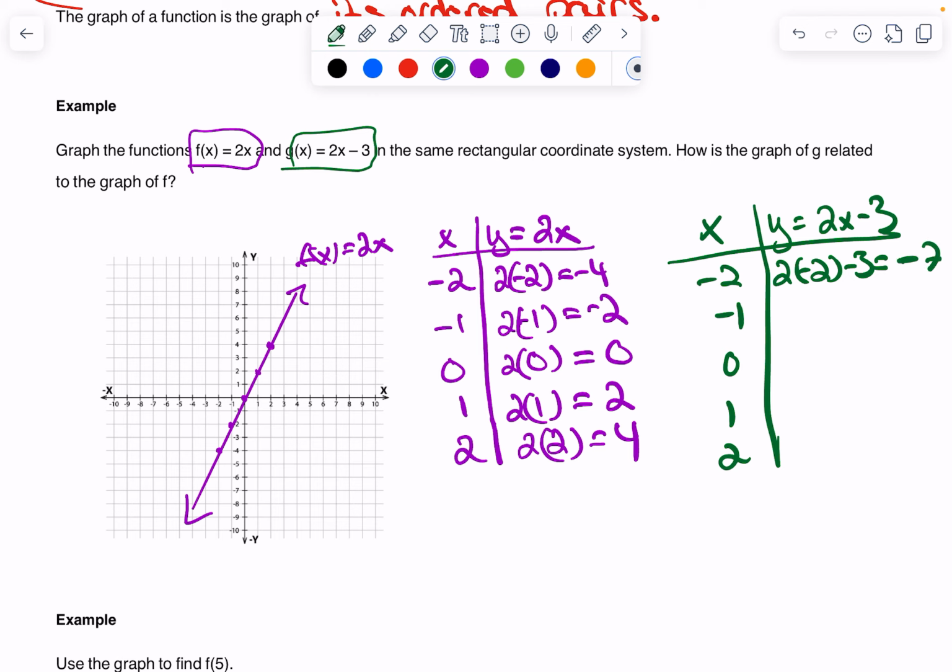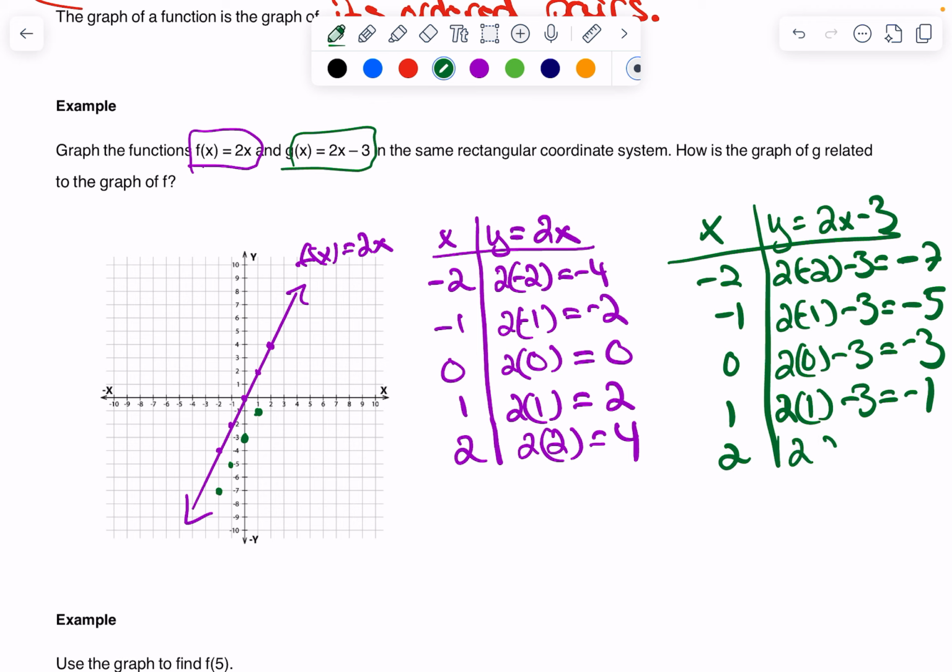So our first point is -2 and -7 right here. 2 times -1 minus 3, so that's going to be -5 right here. 0, 2 times 0 minus 3 is -3. 1, 2 times 1 minus 3 is -1. 2 times 2 minus 3 is 1. So 2 and 1 right here.